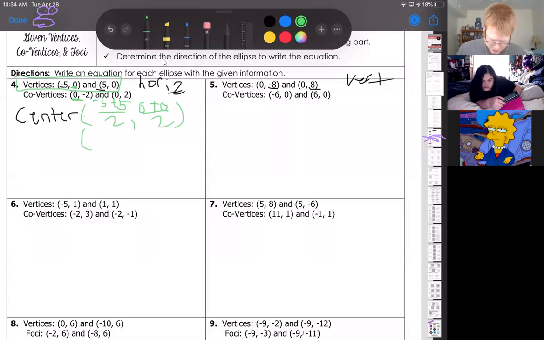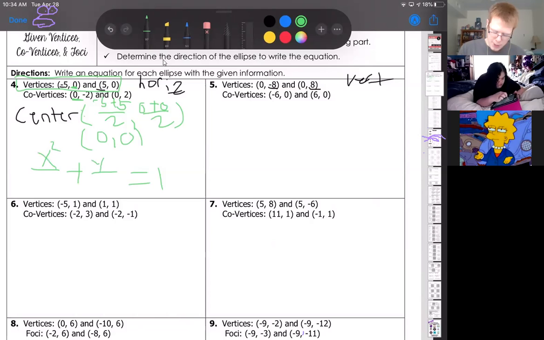So my center is just going to be 0, 0. So now that I have all this info to get my equation, remember, it's going to be a fraction plus a fraction equals 1. Since my center is 0, 0, that means I just have x squared and y squared. There's no nonsense going up top.